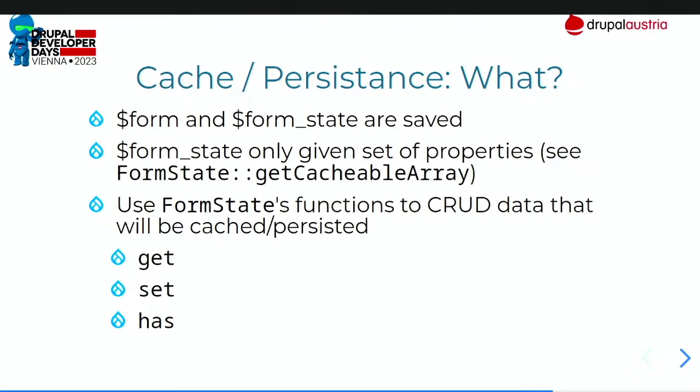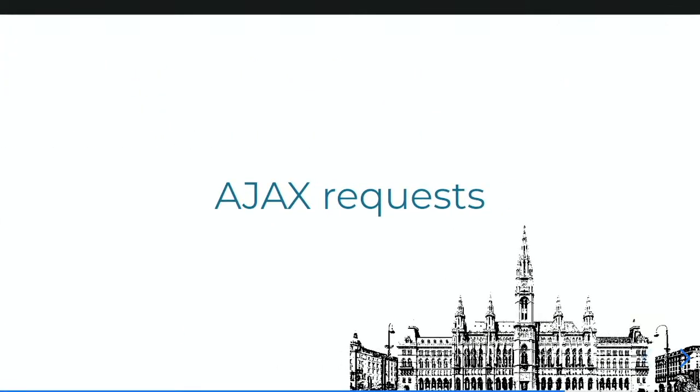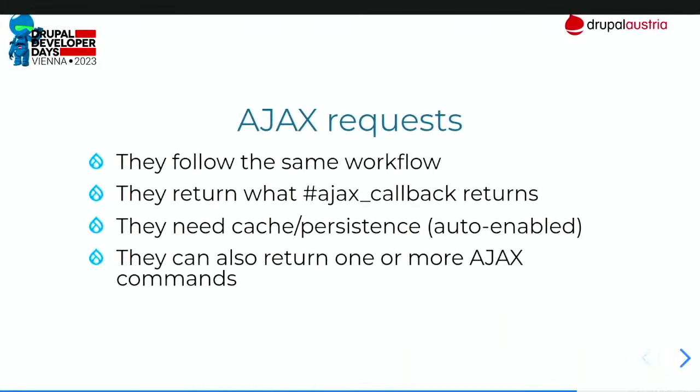And about the AJAX requests, they almost follow the same workflow. At the end of the request, there is a callback called the AJAX callback that returns whatever should be delivered to the user. They need cache and persistence, but as I said before, it's auto-enabled by Drupal core.